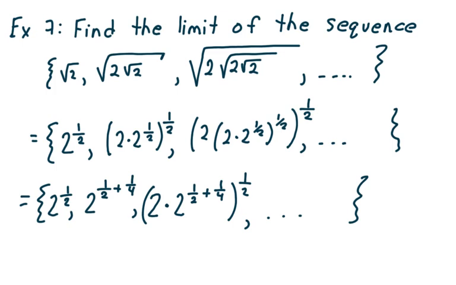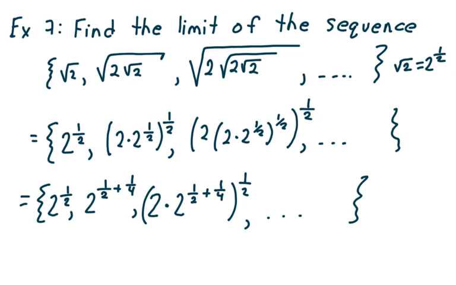Now, I'm going to rewrite this in the following way. Now, keep in mind something, that the square root of 2 is equal to 2 to the 1/2 power. Okay? So on the second line, the first term of the sequence can be written as 2 to the 1/2.